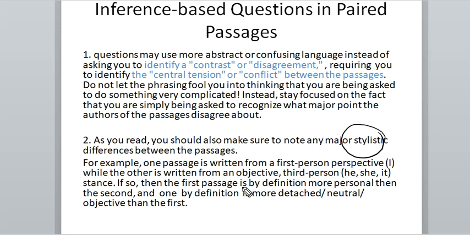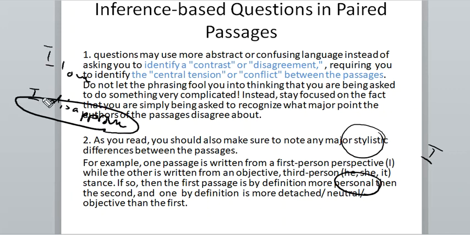If so, then the first passage is by definition more personal, because I is involved. So for example, I love this and that, I disapprove of this and that. Okay, so here it has to do with the opinion of the author, so it's more of a subjective point of view. It's quite not reliable, and it has to do with the feelings of the author himself.